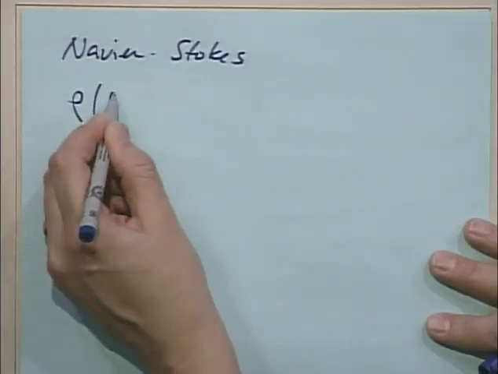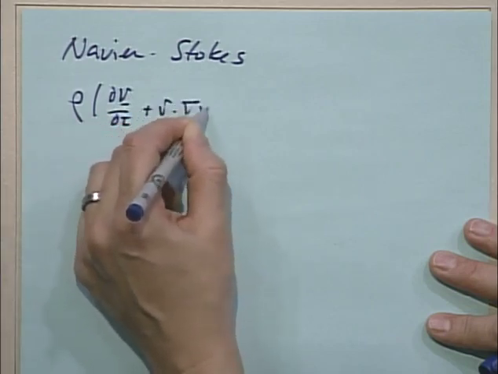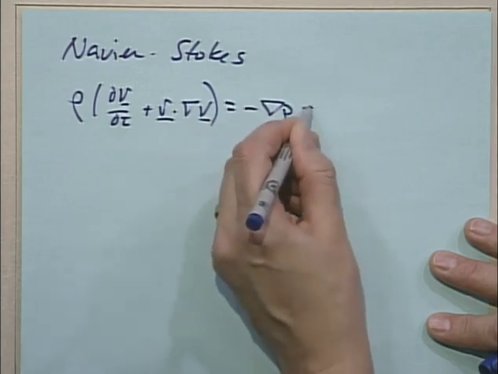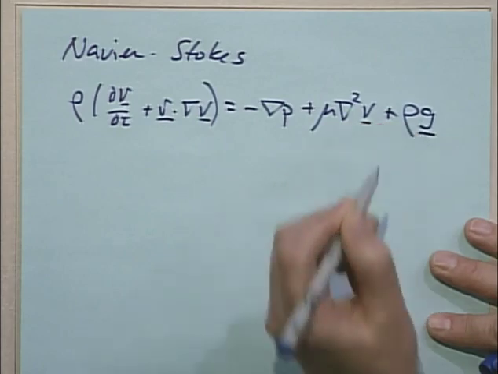If we go back to the Navier-Stokes equations, in some sense we're picking up all kinds of details that were brushed over when you first learned these topics. Rho dv dt plus v dot del v equals minus grad p plus mu del squared v plus rho g.